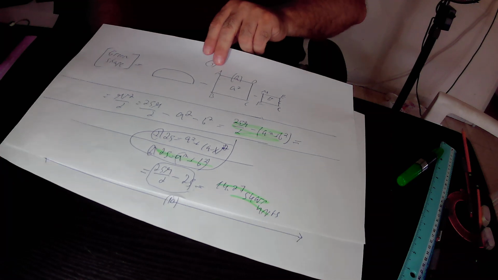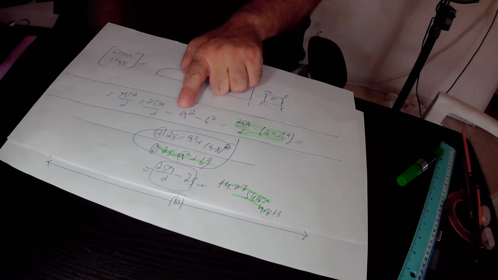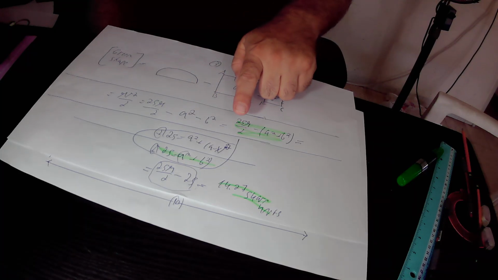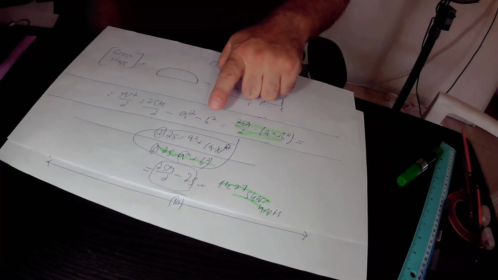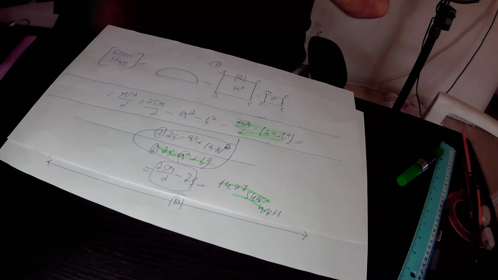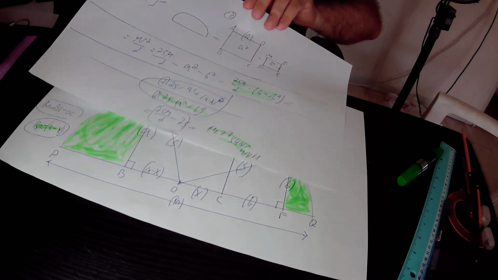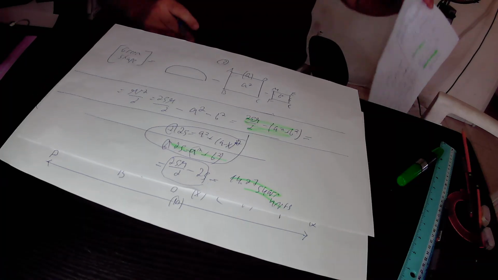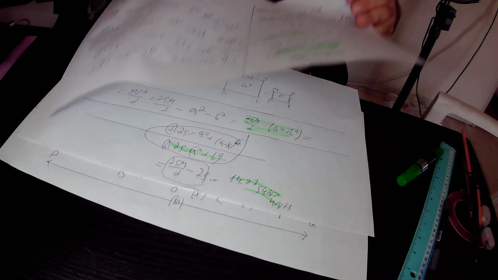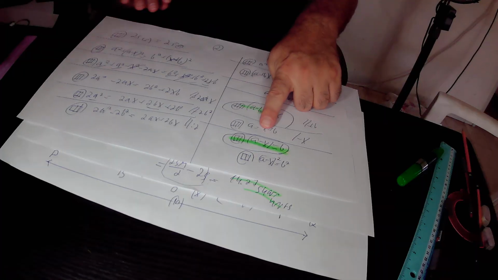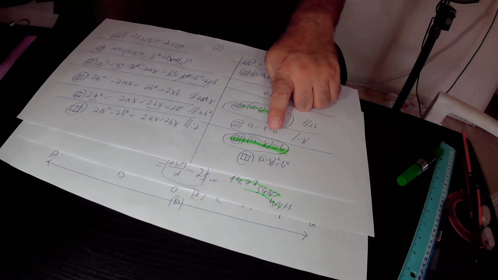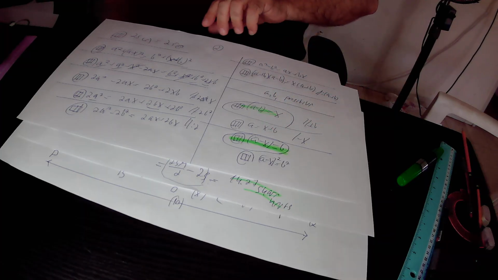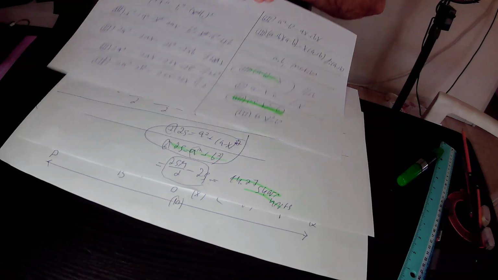But we already found out that according to equation 1, 25 equals A squared plus (A minus X) squared. We also found that A minus X equals B, so (A minus X) squared must be equal to B squared.